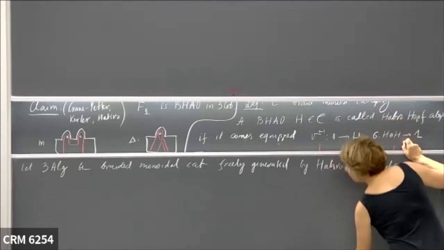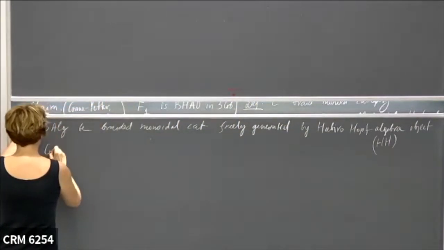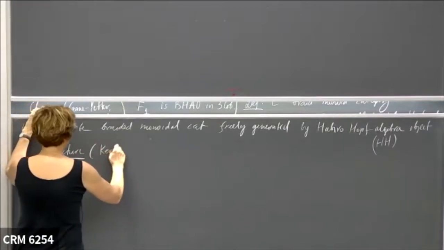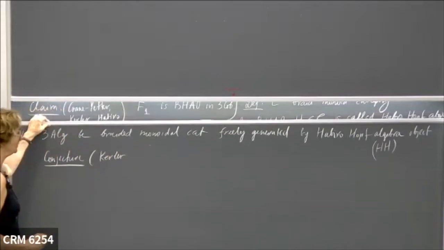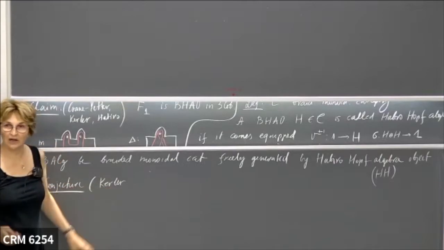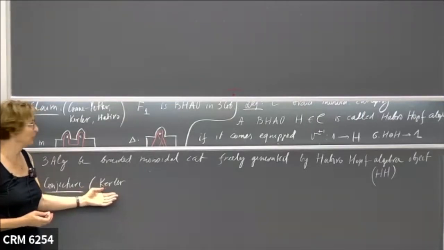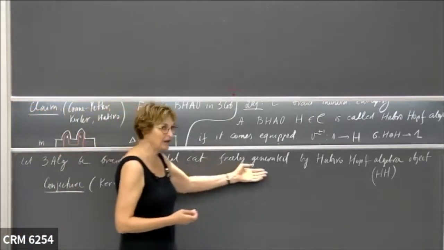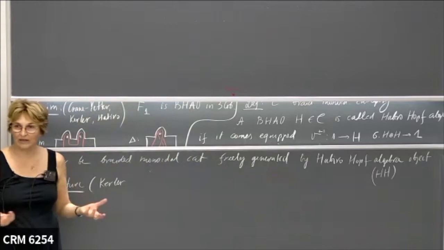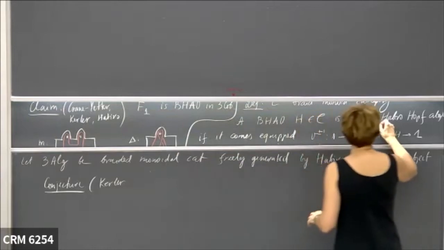First it was a conjecture, and this conjecture was first formulated by Kerler in the 90s. Basically it's him who started this algebraization program of three-dimensional topology. He was looking for some algebraic presentation of this category of three-dimensional cobordisms, and he postulated some axioms, some of which are indeed in the definition of the Habiro algebra.